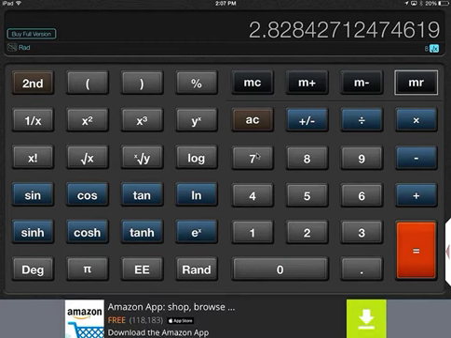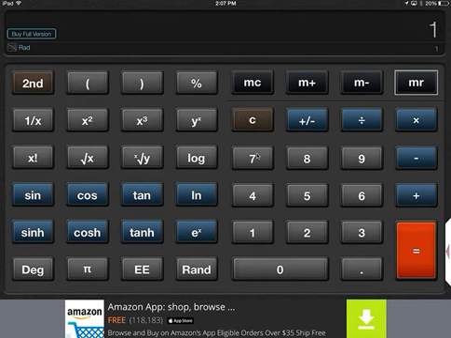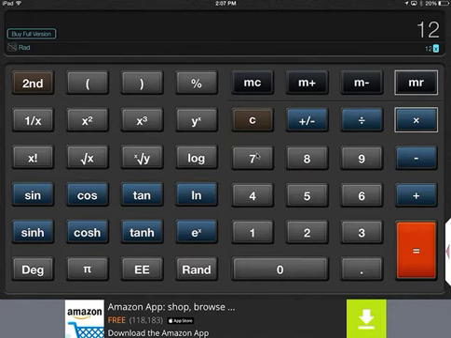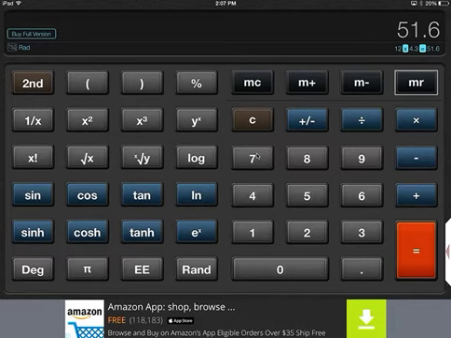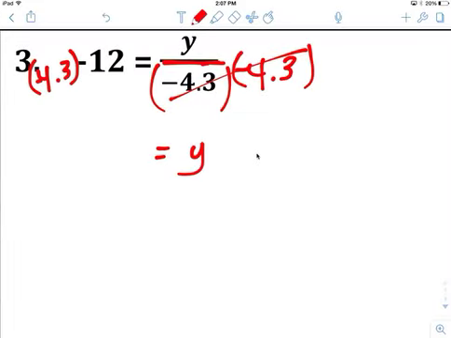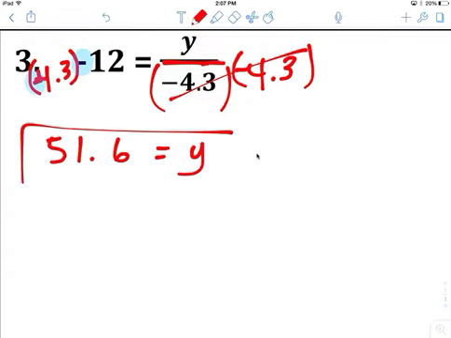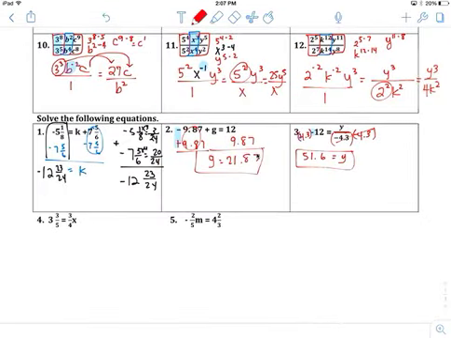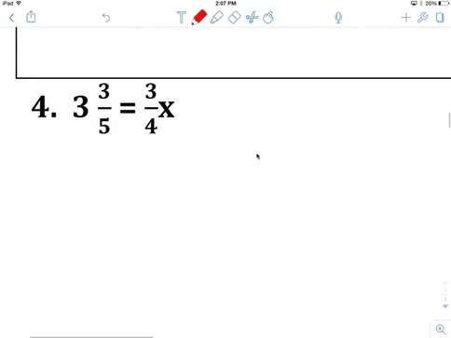Okay, it was, let me see my paper. Okay, it's 12 times 4.3. 51.6. Positive because a negative and a negative is a positive. 51.6. That's your answer.